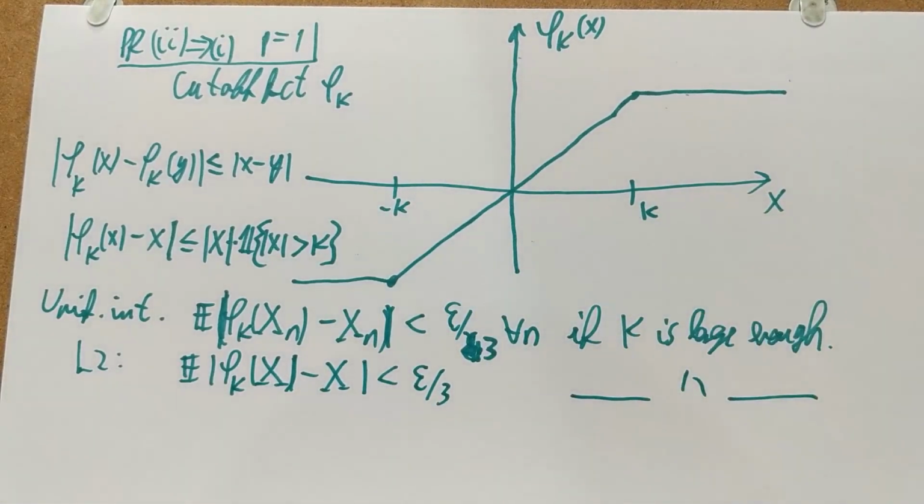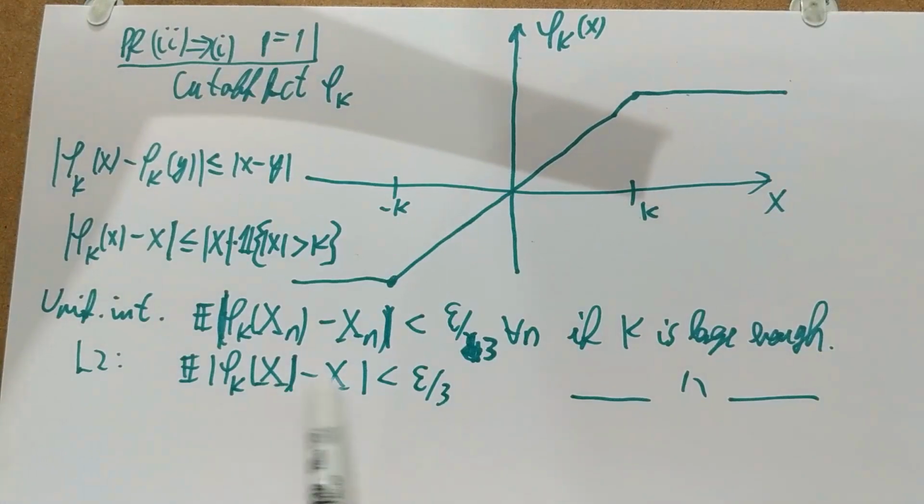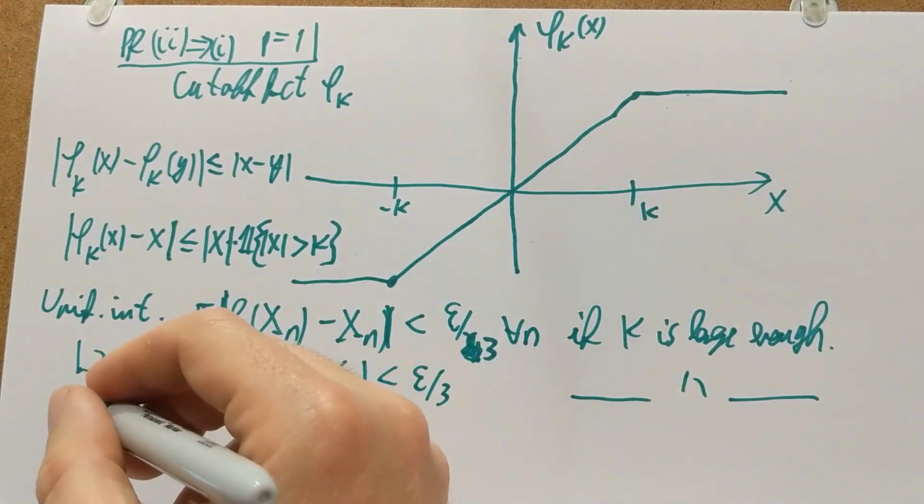So if k wasn't large enough in the first step, then I enlarge it to make sure that both of these are satisfied. Remember that we're looking at the original theorem, so we're looking at a limiting variable X, and that's the thing I'm putting in here. Okay, and the third observation, that's an easy thing to check, is that phi is continuous.